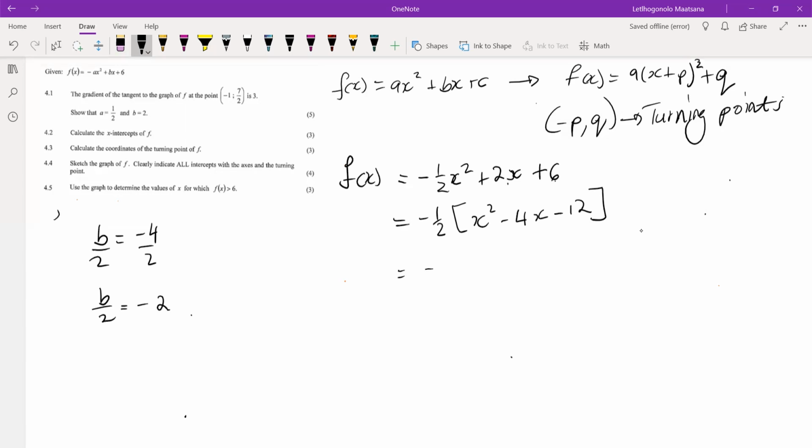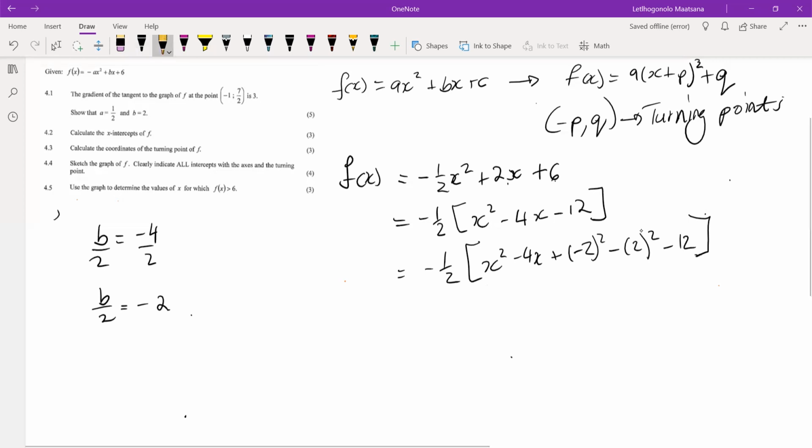So we're going to go ahead and add a special 0, right? By adding and subtracting it, we basically did nothing, right? So we're going to go ahead and add, and we're going to subtract. Now this part over here gives us a perfect square, so we can rewrite it as a perfect square.